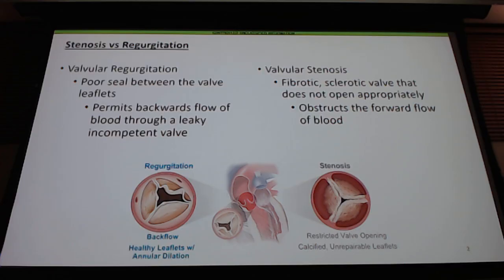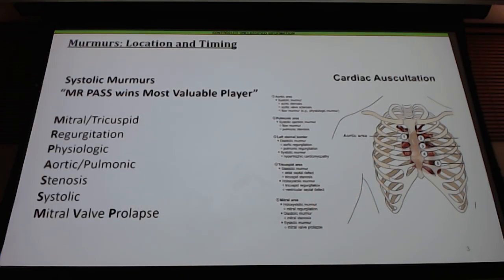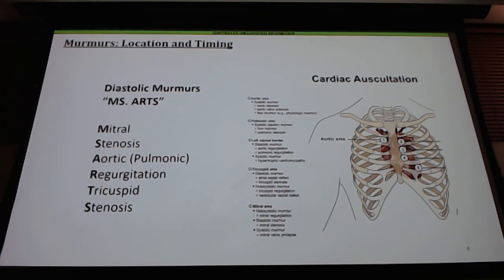And then stenosis is usually like a thickened fibrotic valve where it's resistant to opening. If you aren't sure which ones are systolic murmurs, there are some acronyms to help you with that. And then there's diastolic murmurs as well, and an acronym to help you recall which ones are which.